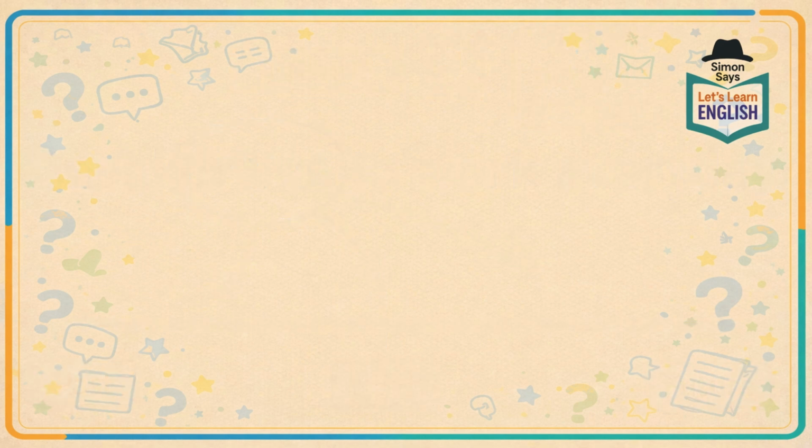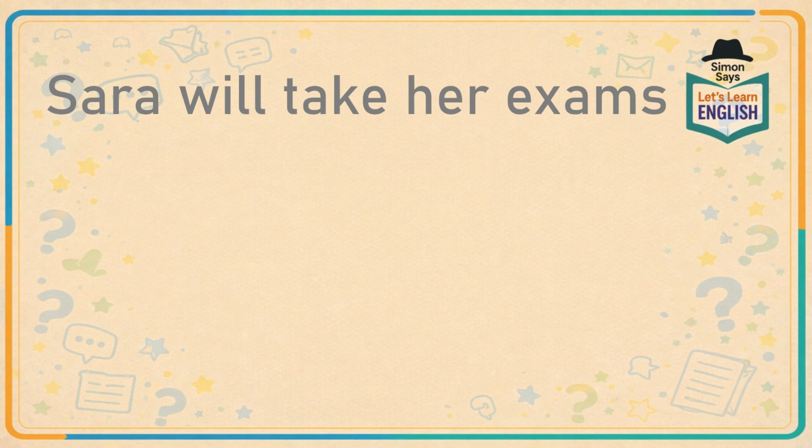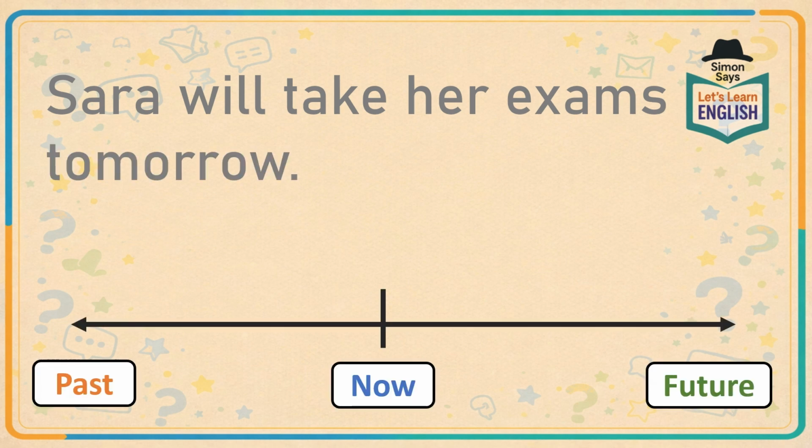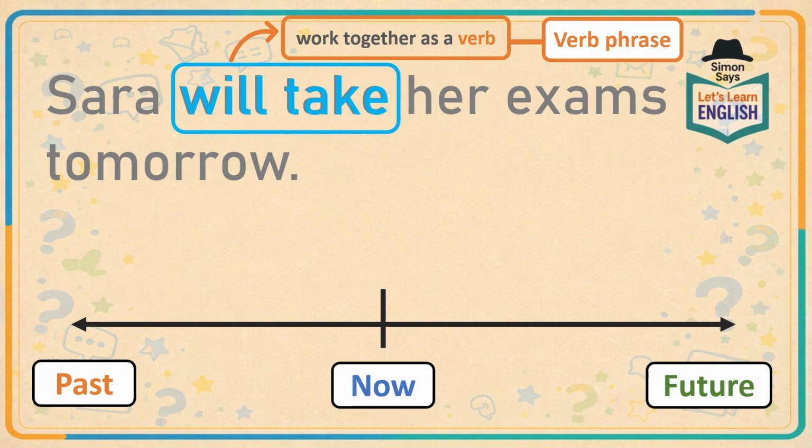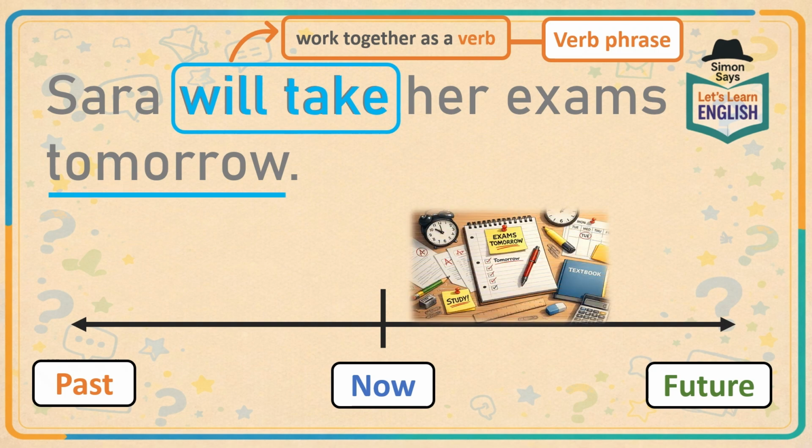Now take a look at this example. Sarah will take her exams tomorrow. Now in this example, we have two words that work together as a verb. This is called a verb phrase. So in this example, the verb phrase will take tells us about an action that is going to happen tomorrow, in the future.